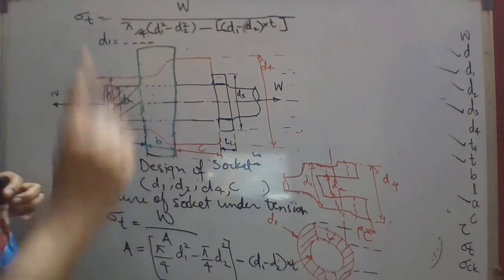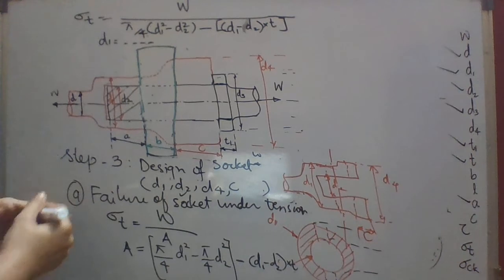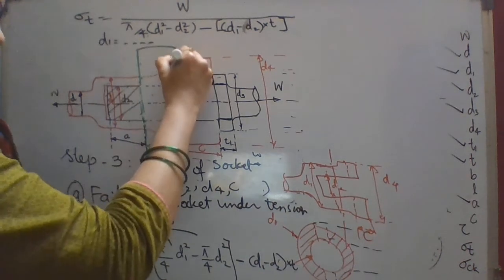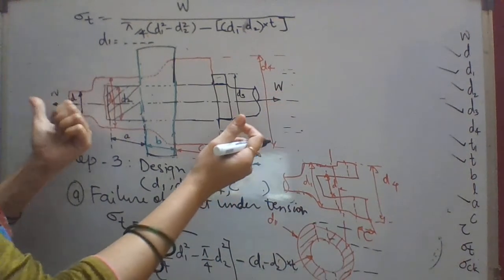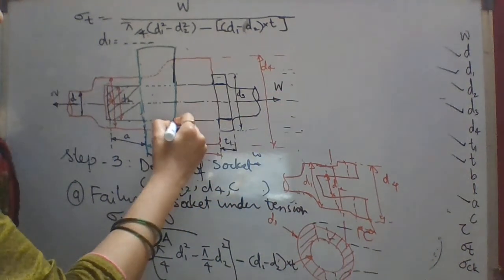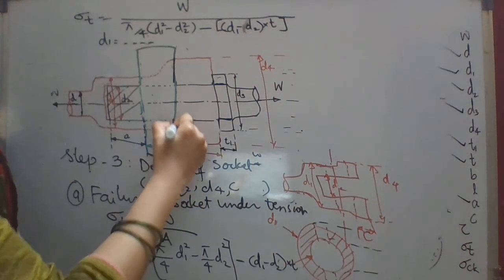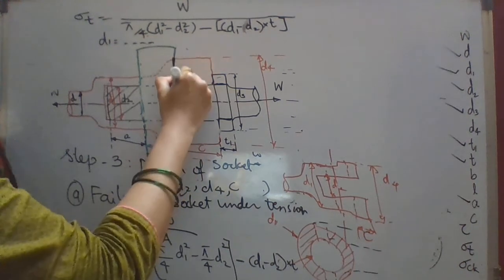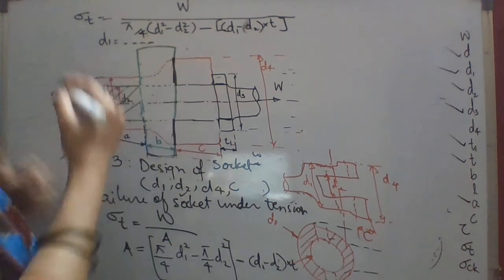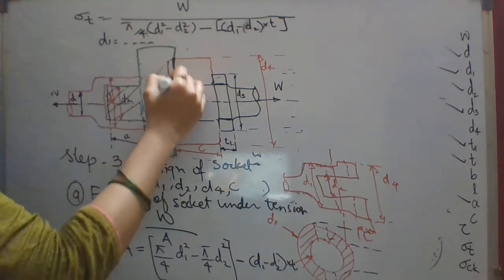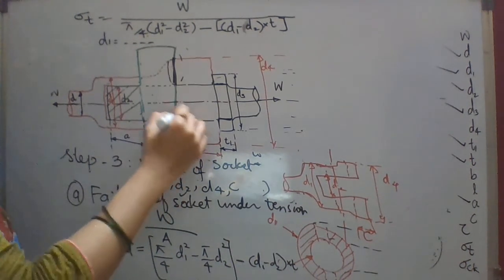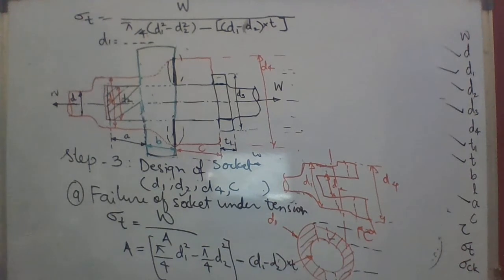Now when we do the same practice for the socket, we'll consider this plane, because the crushing will mainly be because of this pull. So this plane, in which the D4 dimension comes in. Concentrate on this plane. This will be nothing but a hollow ring, but we have to see what its dimensions will be.